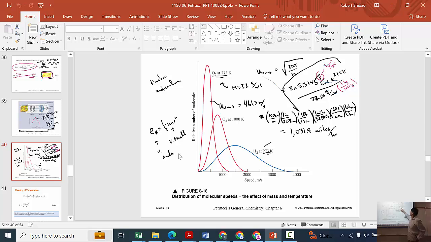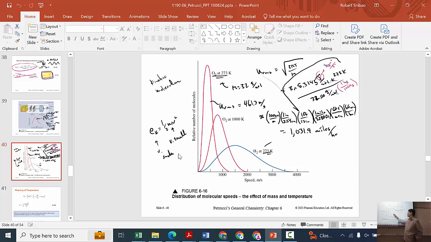Oxygen is 4 times heavier, or 8 times, or something. So the speed of the hydrogen, since it weighs a lot less, is a lot faster. But still, we have slow hydrogens and fast hydrogens. What's happened is the distribution's moved up. And we don't describe the distribution by this peak. We describe the distribution by the RMS. The RMS is on the shoulder here. So you can see that what happens with lighter molecules at the same temperature is they move a lot faster.